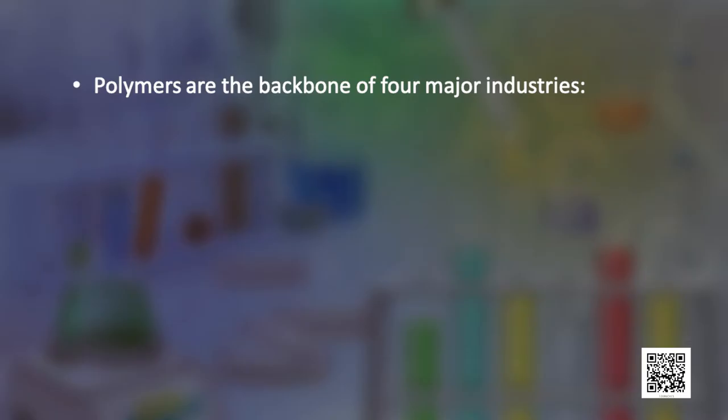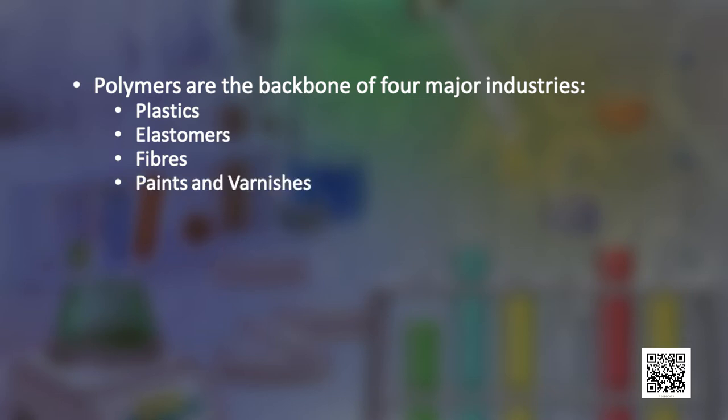Over the period of time, the use of polymers has completely revolutionized daily life and the industrial scenario. Indeed, polymers are the backbone of four major industries: plastics, elastomers, fibers, and paints and varnishes. During this discussion, we will explore polymers and macromolecules.